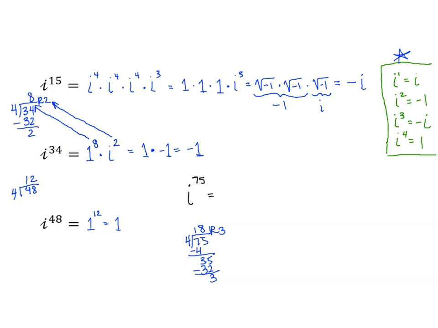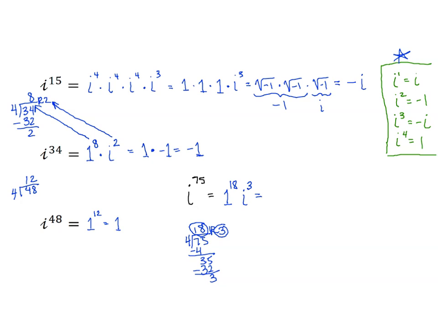So that means I'm going to have 1 to the 18th power, because that's the answer I got right here. And then I'm going to have i to the 3rd power, because that's my remainder. The number of times it goes in is how many 1s you have, so 1 to that power. And then the remainder is how many i's we're multiplying together.